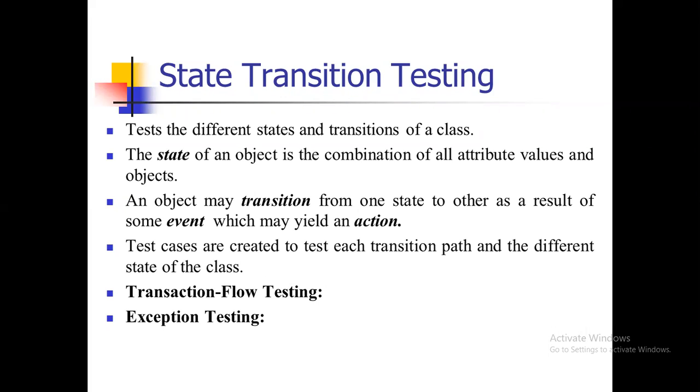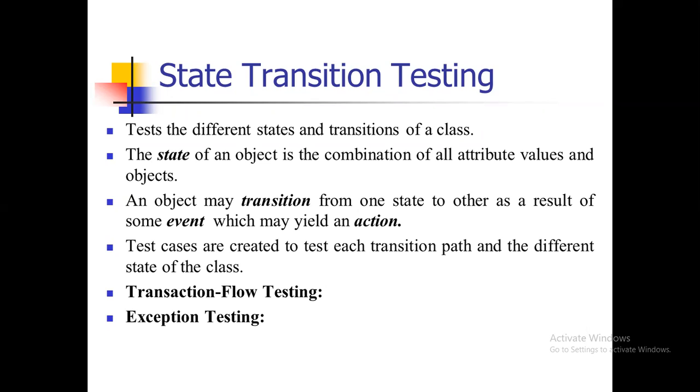Here the state of an object is the combination of all attribute values and objects. An object may transition from one state to another state as a result of some event, which may yield an action. An event means action.